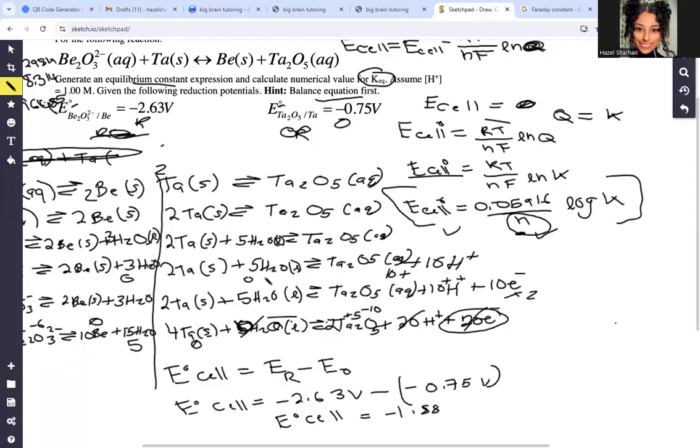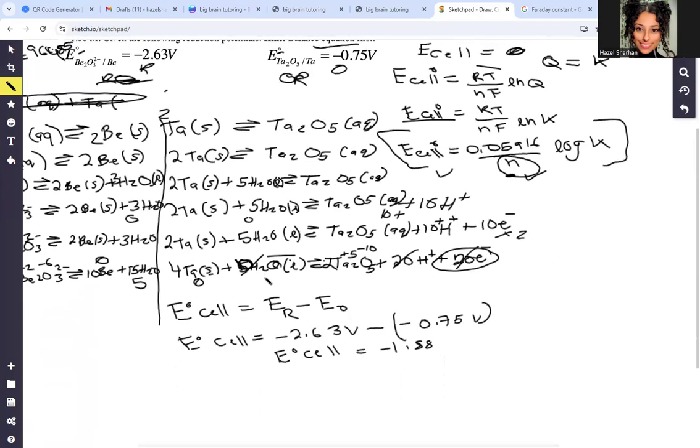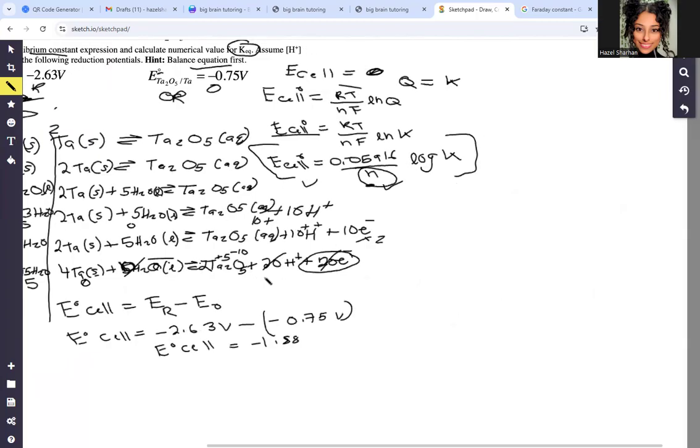So now we can plug it all in, and then it just turns into algebra of rearranging the equation to find K. So let's, oh, how do I make more space? Let's do it over here.